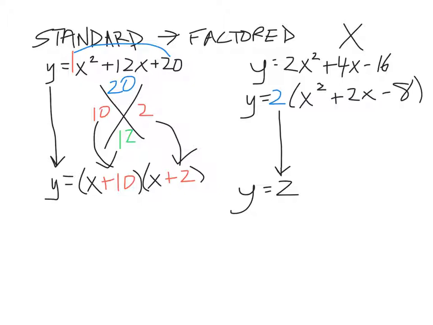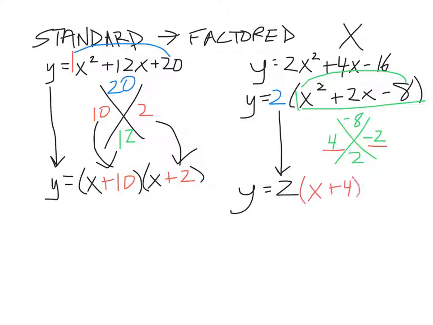And now I'm going to focus on the inside and do my x there. So what two numbers, look, I can do just the x because it's a 1, multiply to negative 8 and add to 2. Well, that's just going to be 4 and negative 2. So we're going to bring that down and put our binomials, x plus 4, x minus 2.